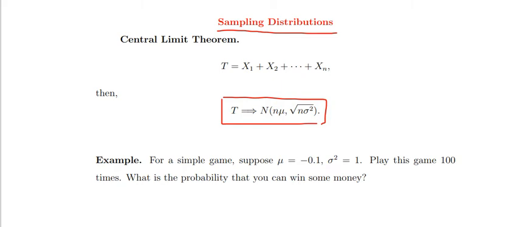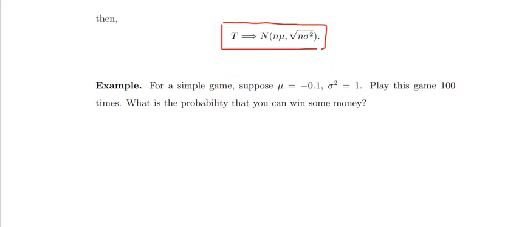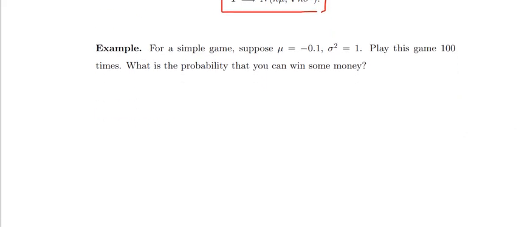So now let's consider this problem. Suppose for a simple game, we find mu is negative 0.1 and sigma square equals 1. So mu is negative, which means this game is not in favor of you.